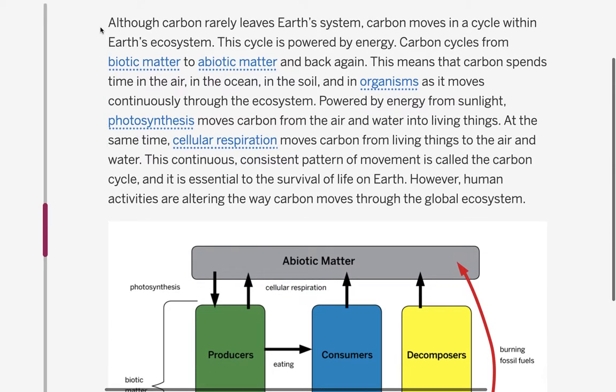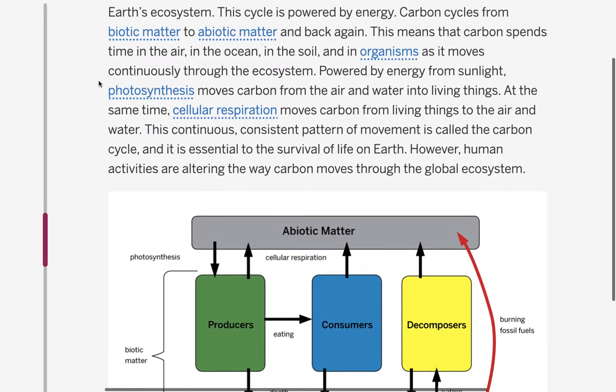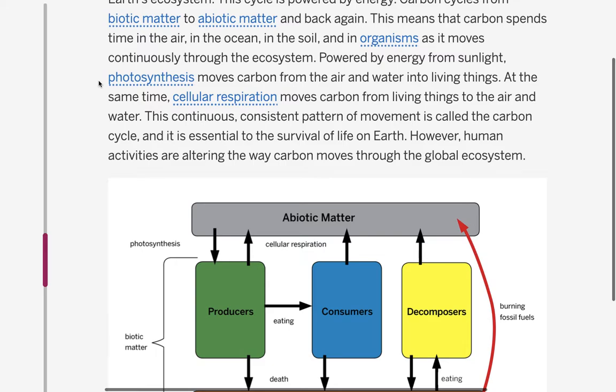Although carbon rarely leaves Earth's system, carbon moves in a cycle within Earth's ecosystem. This cycle is powered by energy. Carbon cycles from biotic matter to abiotic matter and back again. This means that carbon spends time in the air, in the ocean, in the soil, and in organisms as it moves continuously through the ecosystem.